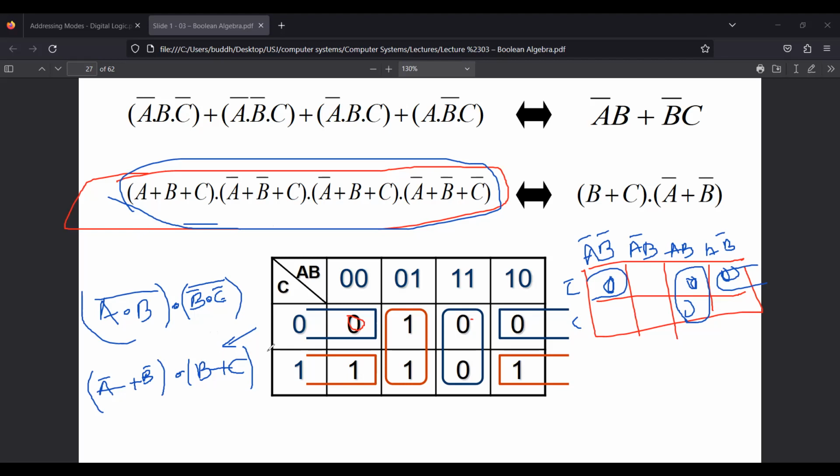But the change is the grouping. When we are grouping, we are reducing the complexity of the given expression. So this whole expression is equivalent to this.